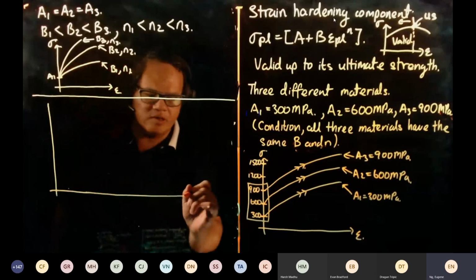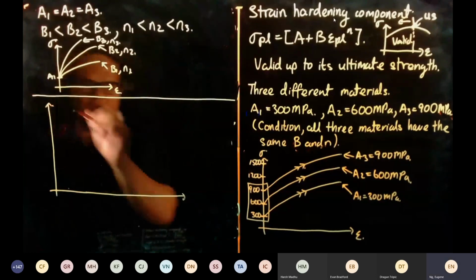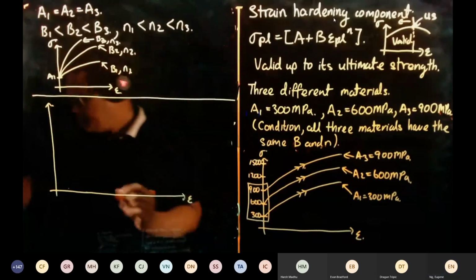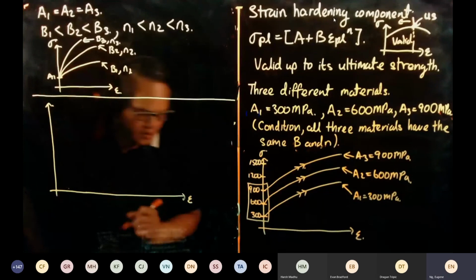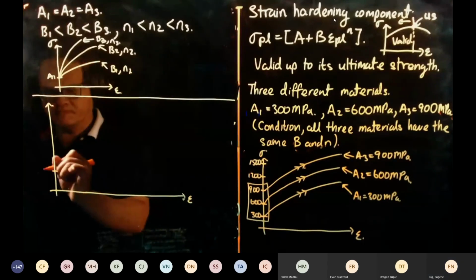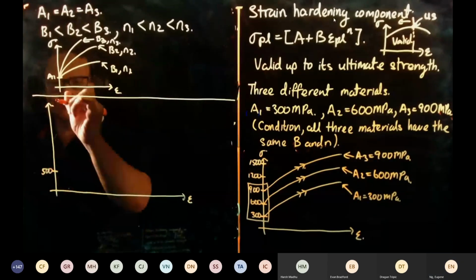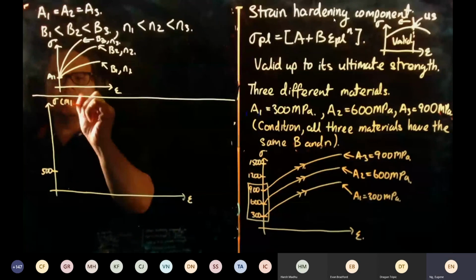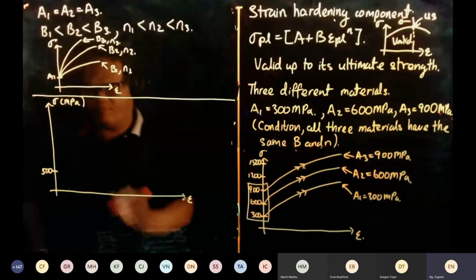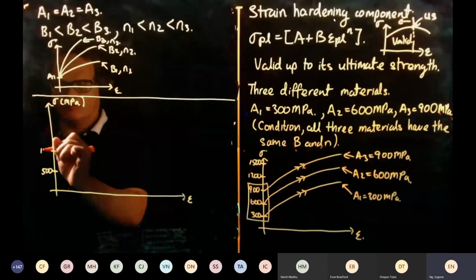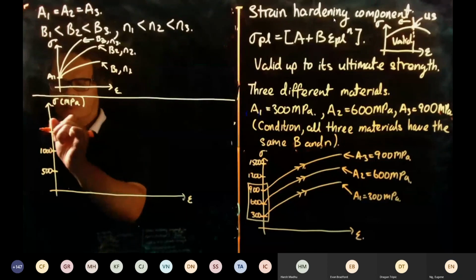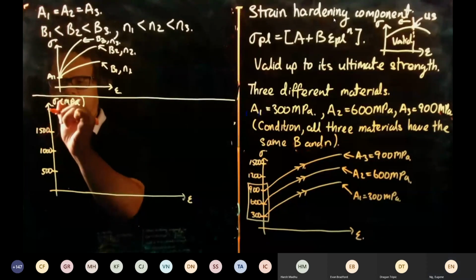Again, this is a sketch. This is epsilon, and this is stress in megapascal: 500, 1000, 1500, then 2000.